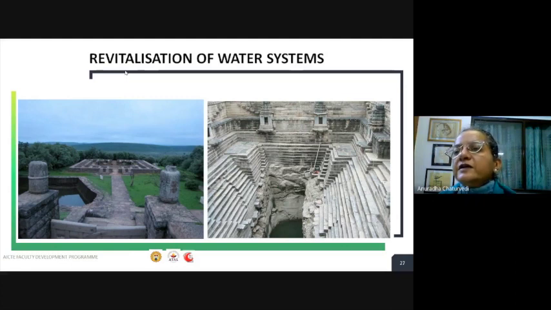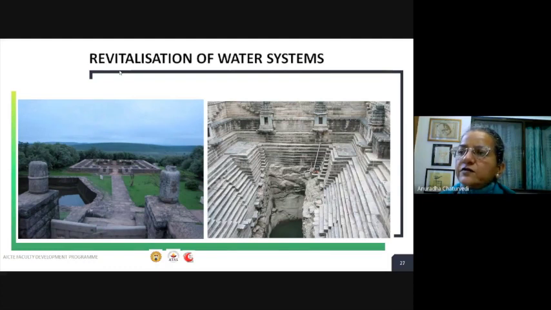And on the right, we can see the kind of water structures which were constructed all across the country, which were part of the historic cities, which distinguish the cultural landscapes in different parts of the country, and which still have a lot of potential for regeneration and revitalization.